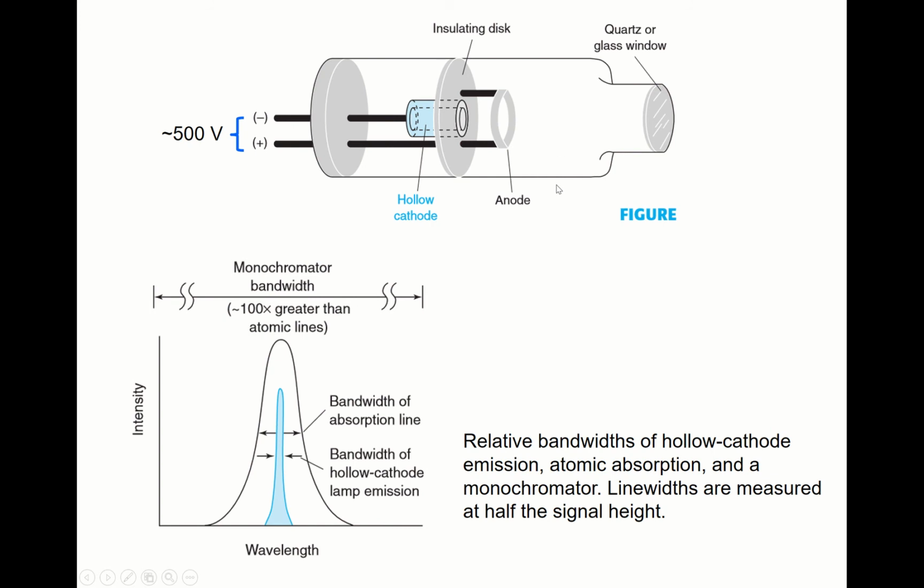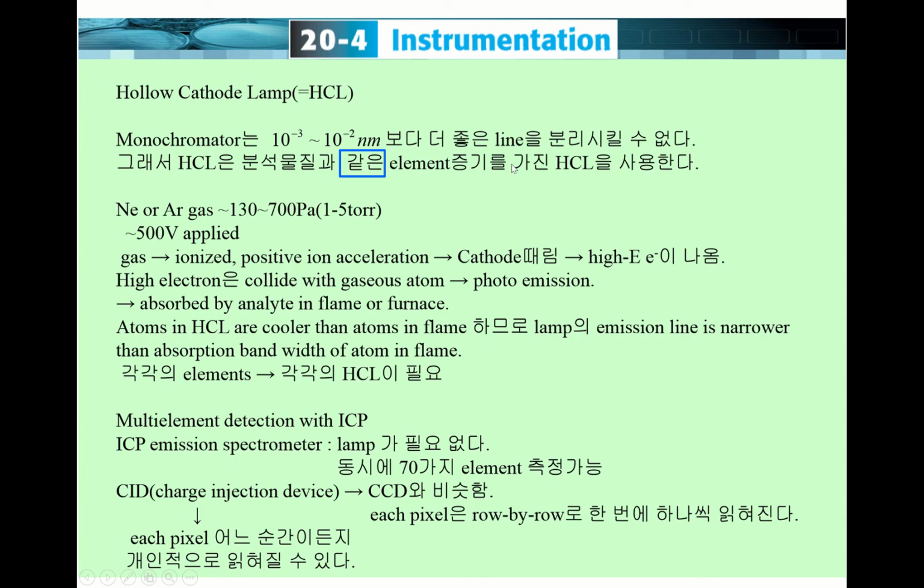Inside this lamp you fill neon or argon gas whose pressure is 130 to 700 pascal, and 500 volts is applied. The gas is ionized, and the positive ion is accelerated and hits the cathode.